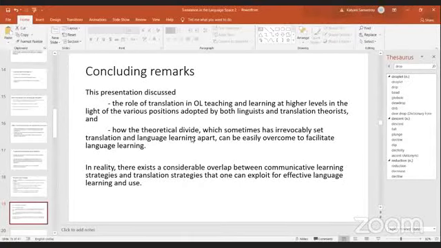Now, if we consider all these research points that are available with us, in reality, a considerable overlap exists between communicative learning strategies and the translation strategies that one can exploit for effective learning of languages and effective use of languages.